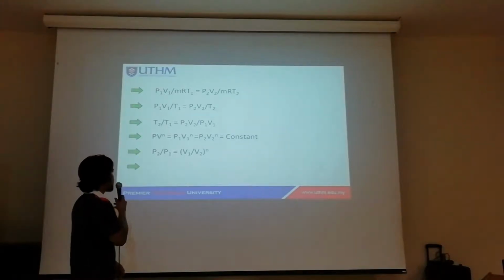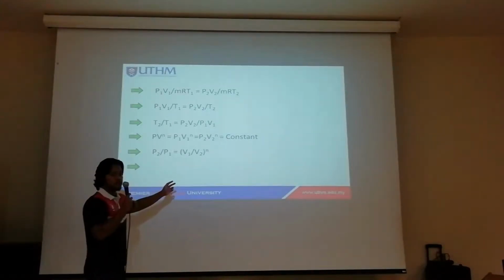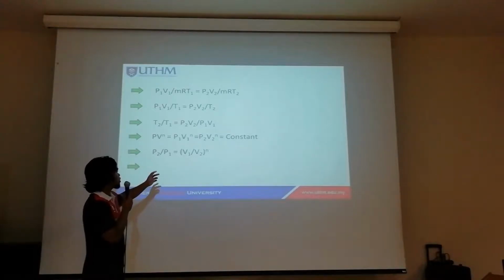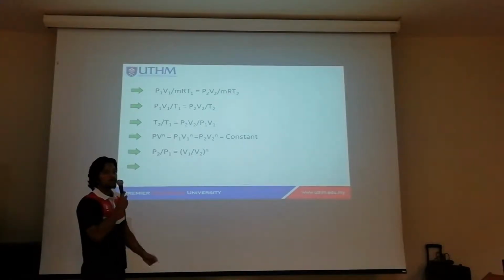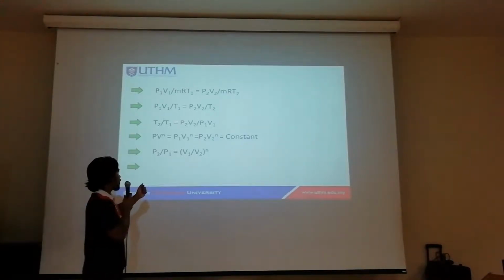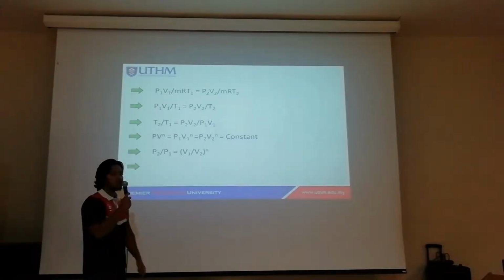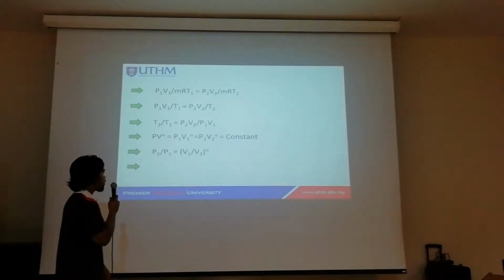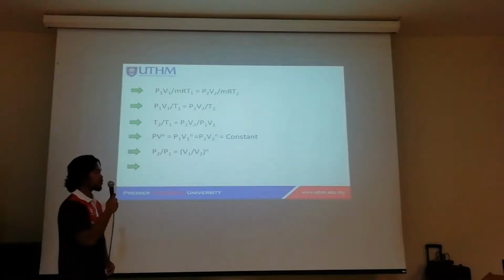Here we have it. First we need to rearrange the equation for the polytropic process itself, where we have P2 over P1 equal to V1 over V2 to the power of the polytropic index.